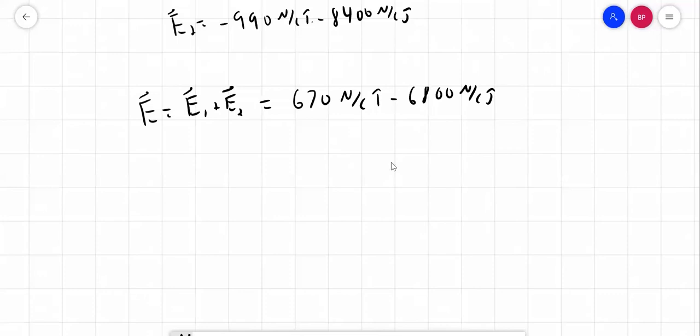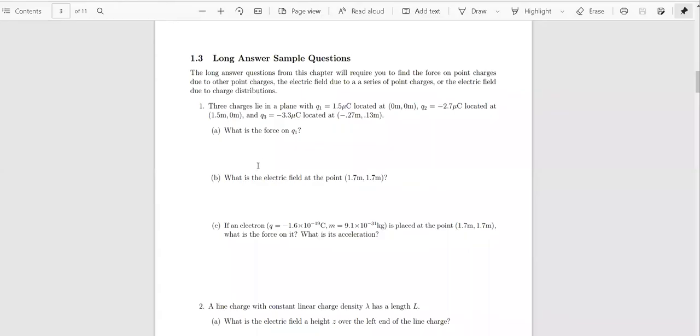Okay, so the last part of this question says, if an electron is placed at this point P that we've been talking about, what is the force on it and what is its acceleration?